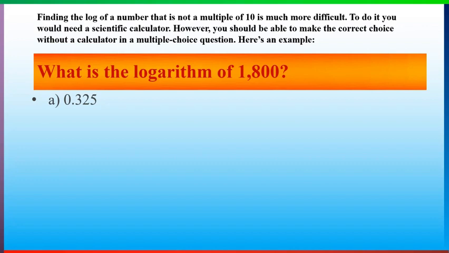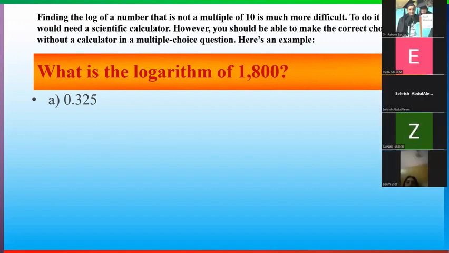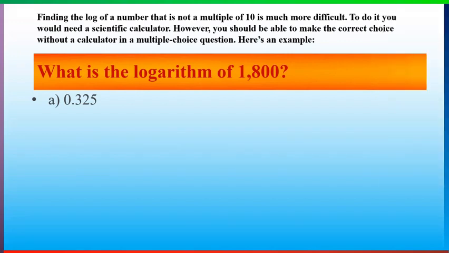Any number from 10 to 100 has a log of 1 point something, from 100 to 1000 a log of 2 point something, and from 10,000 to 100,000 the log will be 4 point something. As the number of tens increases, its log will also increase.